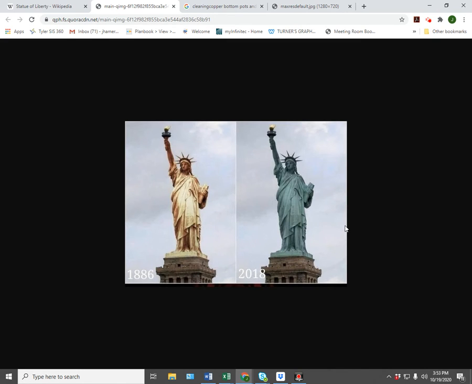And over time, though, with the reactions and the oxidation, it does weaken the structure and kind of eat away at parts of it. And over its history, there have been times when they've had to close the Statue of Liberty and do renovations on it and increase the supports for different areas that have become weak through the oxidation over time. Okay, so that's an example of a chemical change.